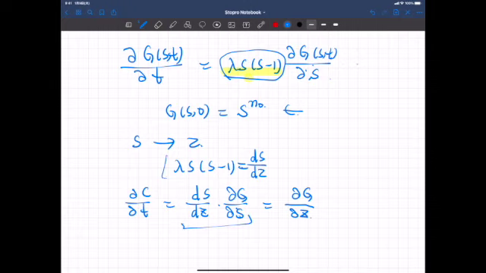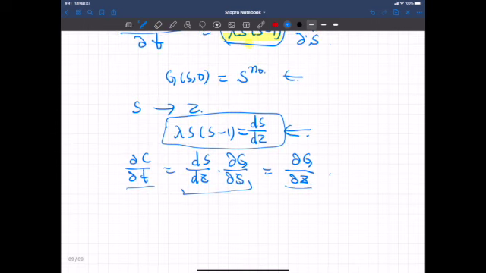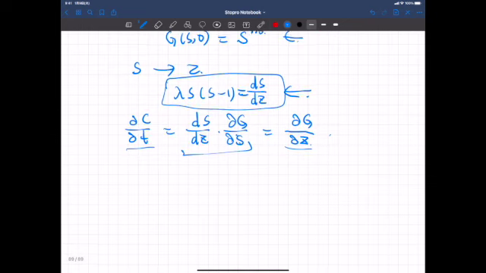So if we can change the variables from s to z by using this relation, then we can simplify this partial differential equation, which we will see can be solved rather easily. So let's first change this variable in this way. To do so, we need to solve this differential equation: ds/dz equals lambda s times s minus 1, which is easy to solve.